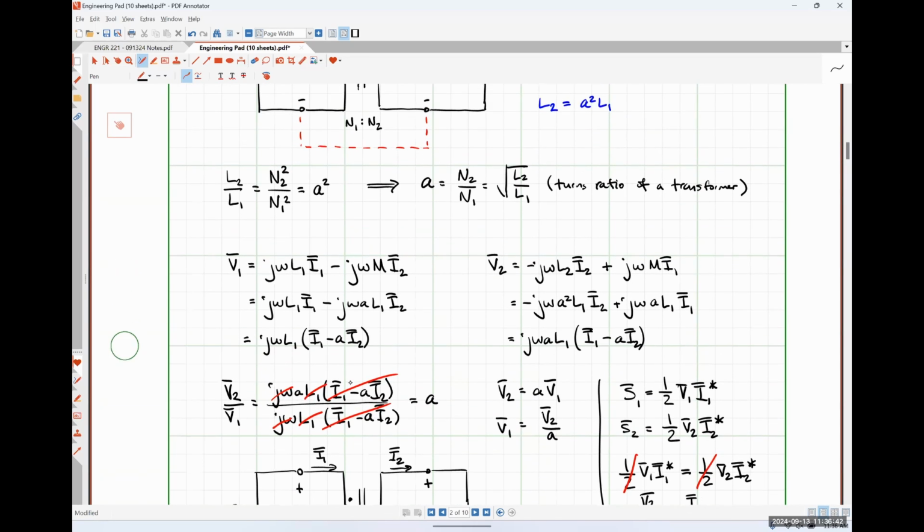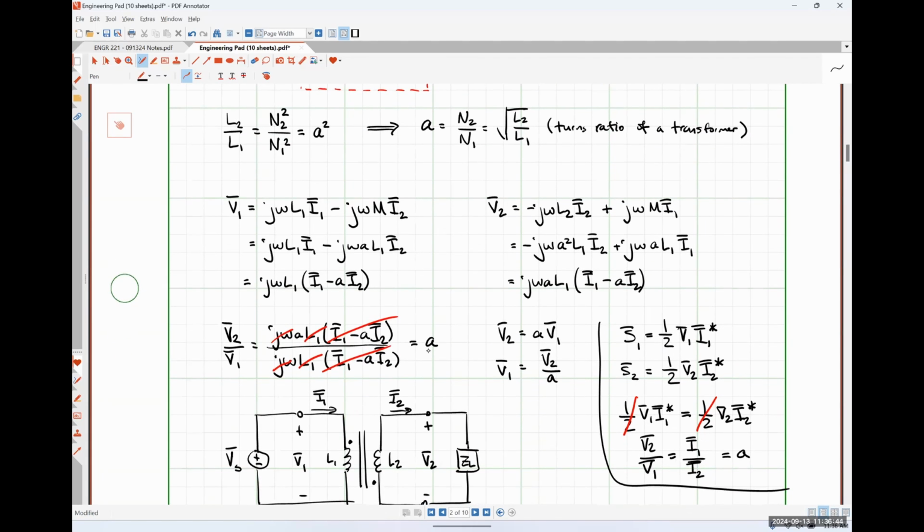But the key thing to take away from this is, if our turns ratio is a positive quantity, meaning N2 is greater than N1, then the voltage across our secondary coil will be larger than the voltage drop across our primary coil, right?